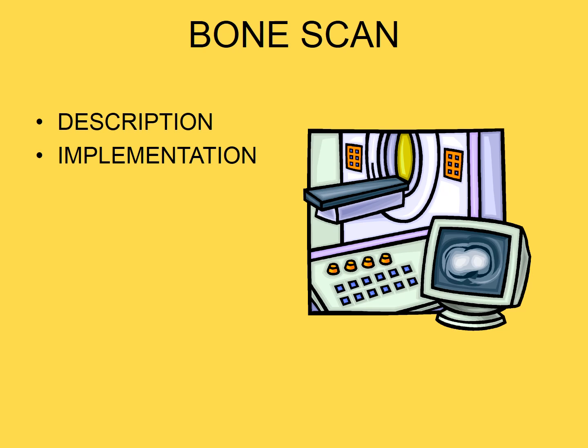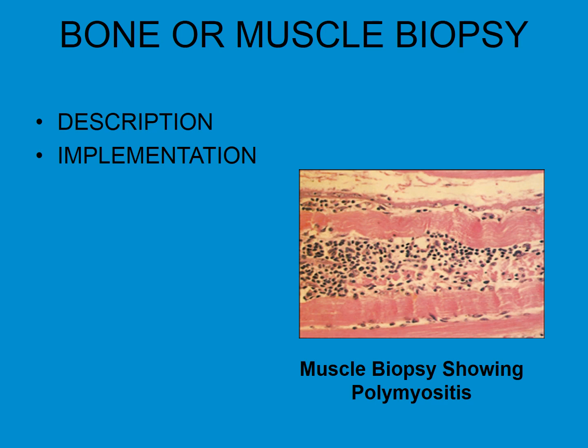Next slide. So the bone or muscle biopsy, it is pretty much done usually during surgery or through aspiration, or a puncture or needle biopsy. What we need is to obtain a consent form, and we want to monitor for bleeding, swelling, hematoma, and severe pain.